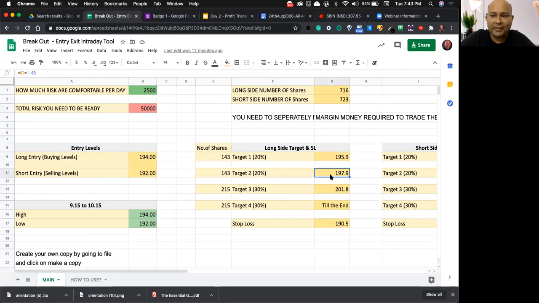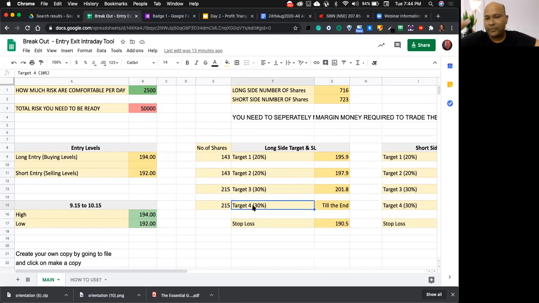If you enter at 194 and exit at 198, are you making a profit or a loss? Profit, perfect. Then target 3, and then target 4. In target 4 we don't keep any target. We run the remaining stock till the last, till 3:15, till the market close.